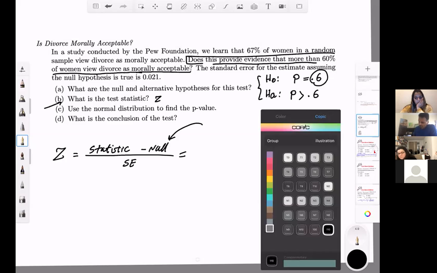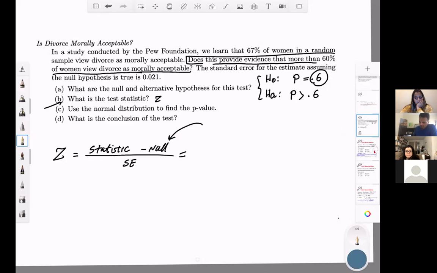What is the statistic here? 0.67. Excellent. This is the statistic: 0.67 minus 0.6 divided by the standard error. What do we get?